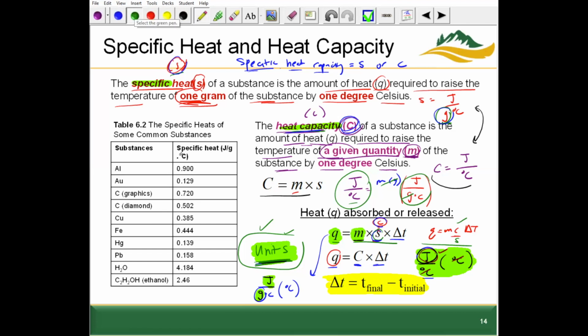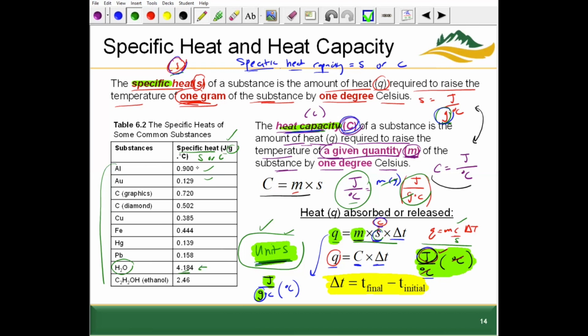Here are some specific heats, so lowercase s or lowercase c. We recognize that because grams are incorporated into these values. So for example, these pure substances can have very different specific heats. Here's water as mentioned, so that's 4.184 joules per gram degrees Celsius or joules per gram Kelvin.